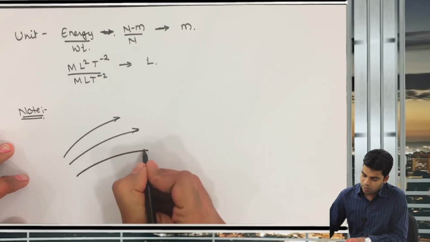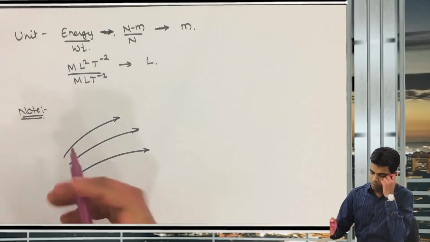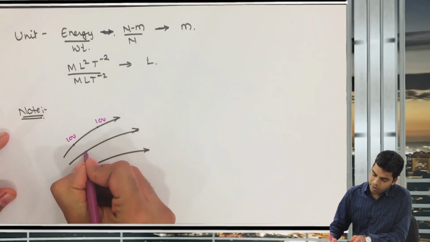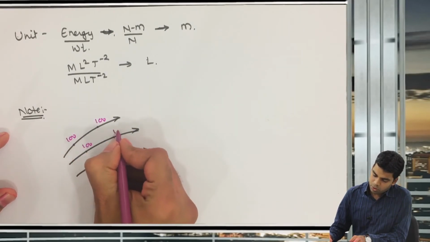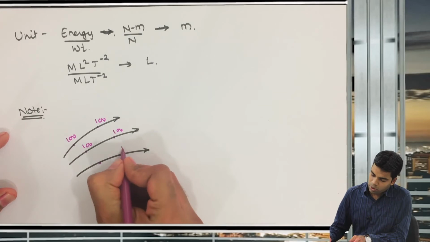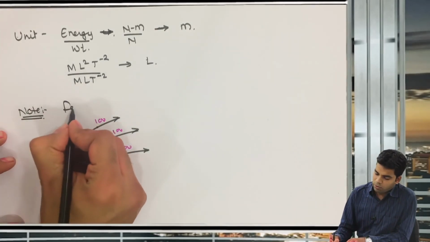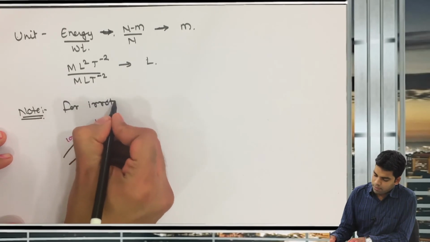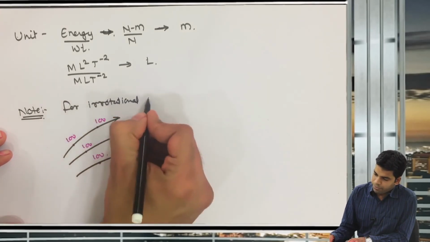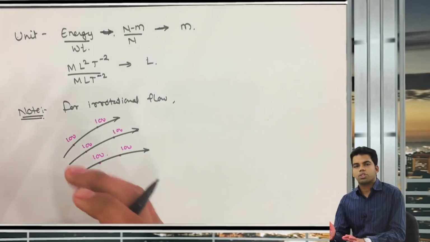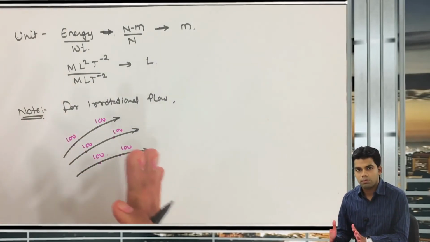Suppose these are different streamlines, and the total head at this point is 100. At this point also it will be 100, at this point also 100. At all the points the total head will be the same. This is valid for irrotational flow only. So for irrotational flow, Bernoulli's equation is applicable throughout the flow.